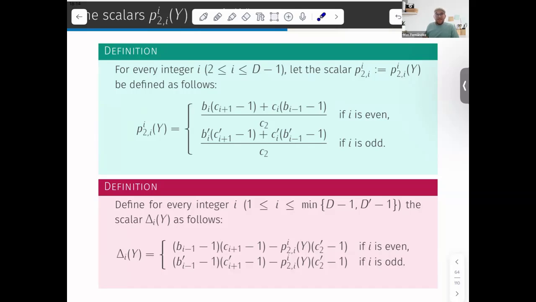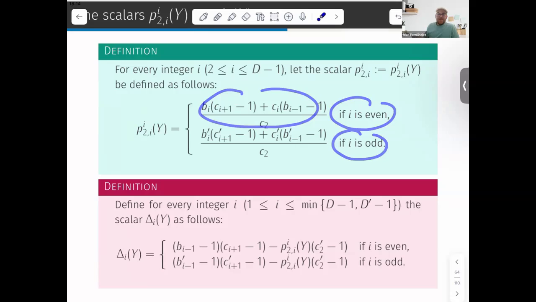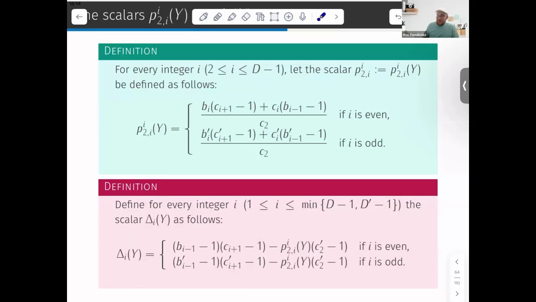And this scalar has an expression that depends on the distance i. Whenever i is even, we have a certain value, and whenever i is odd, we have a similar other value, but it is independent of the choice of the vertices that we have.